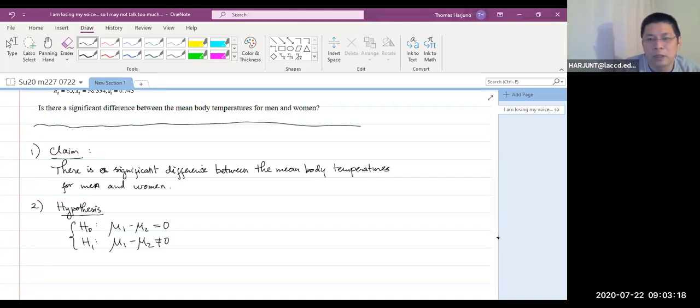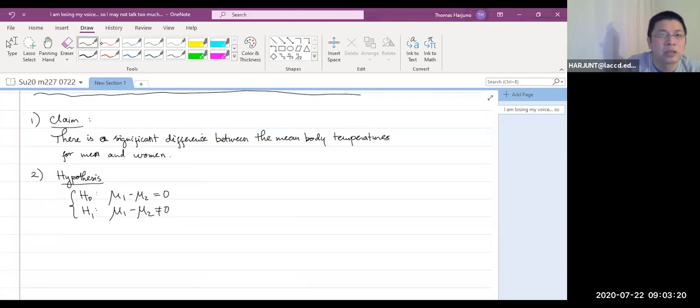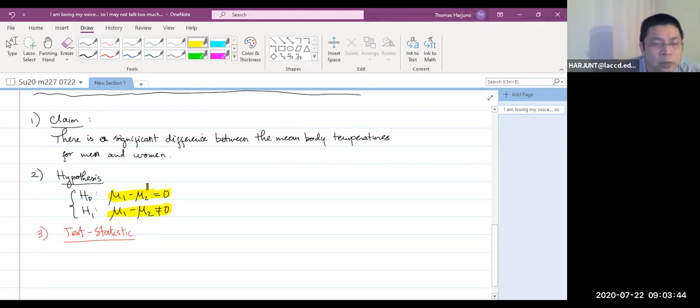Now step 3 is where we start getting some new formulas, test statistic. Test statistic, actually it starts making a difference here, right? But the wording of the claim makes it easy for us to go ahead with the subtraction compared to a constant 0.